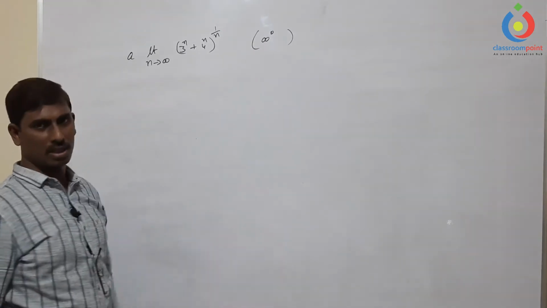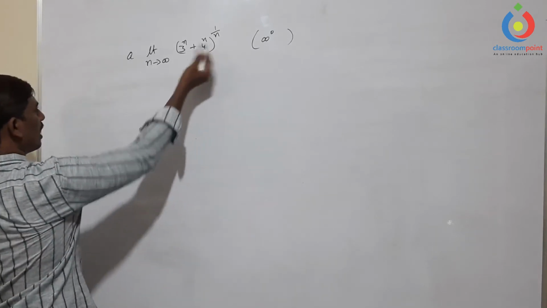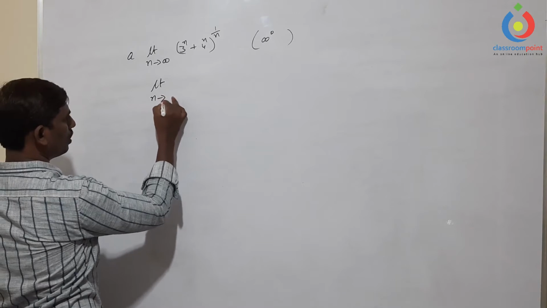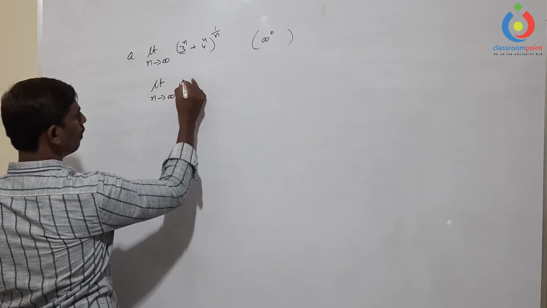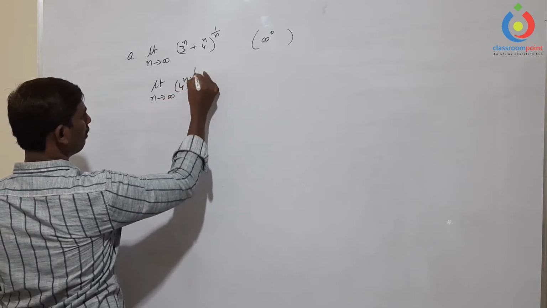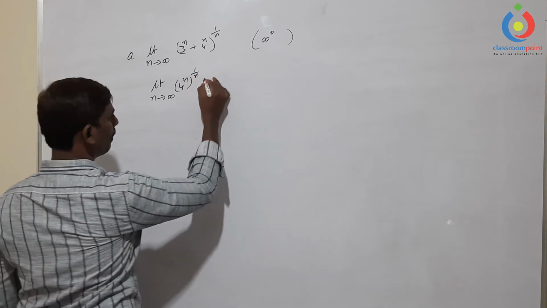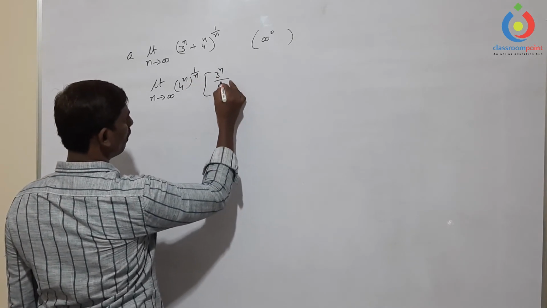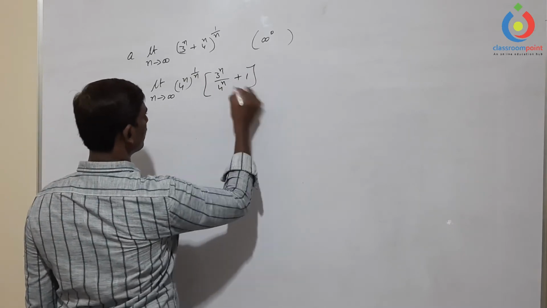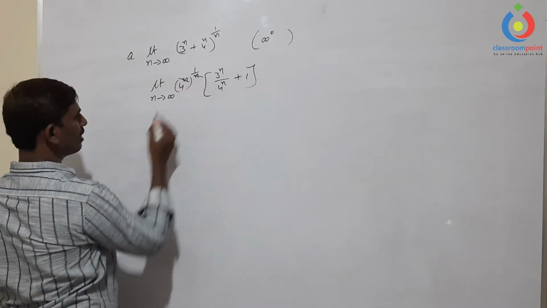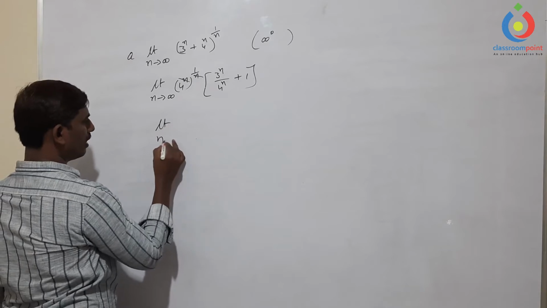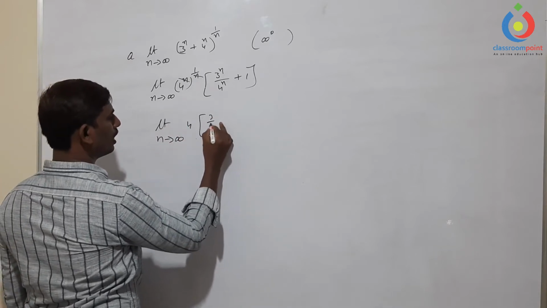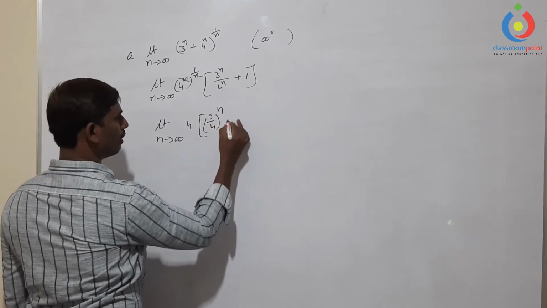Then how to solve this one, sir? Simple thing. Whichever is the highest value, you take that outside. Limit n tends to infinity, 4 power n taken outside, then automatically the remaining is 3 by 4 whole power n plus 1, all to the power 1 by n. Then the n will cancel: limit n tends to infinity, 4 into 3 by 4 whole power n plus 1.